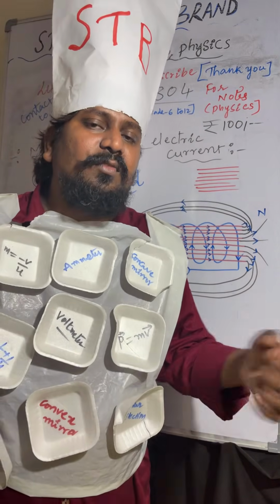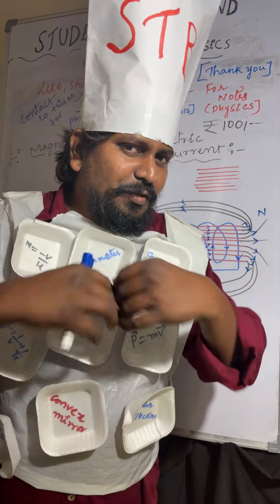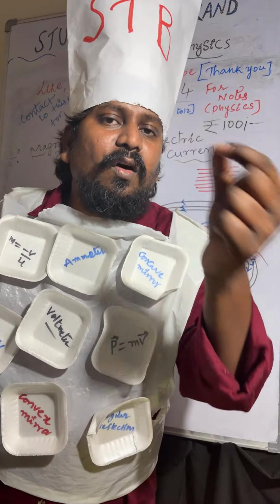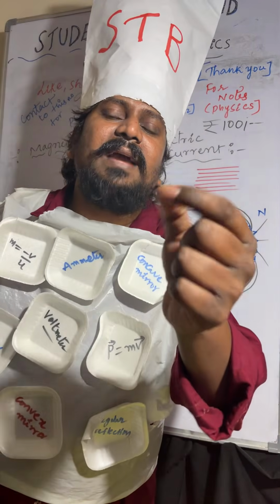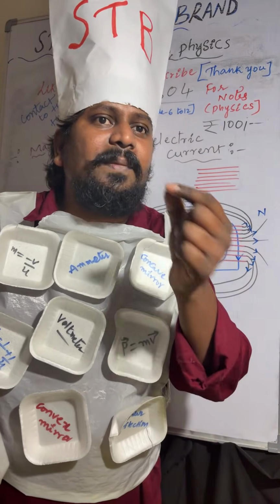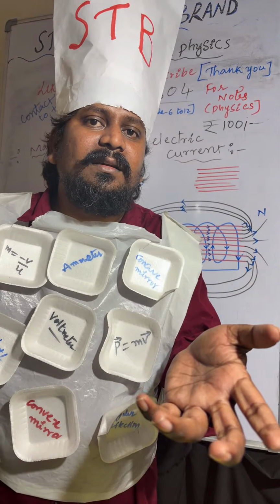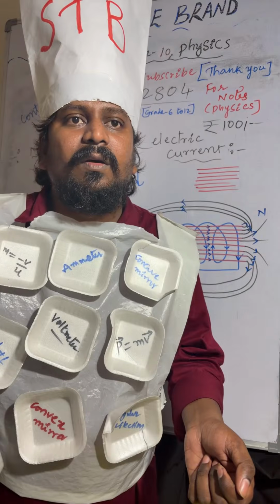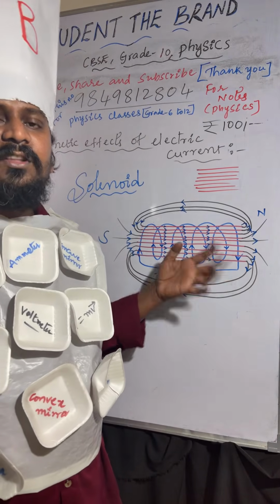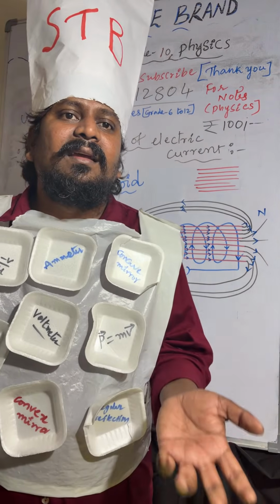If you break it into many pieces, still every one of those pieces will act as a magnet. Even a single piece from the natural bar magnet acts as a magnet.